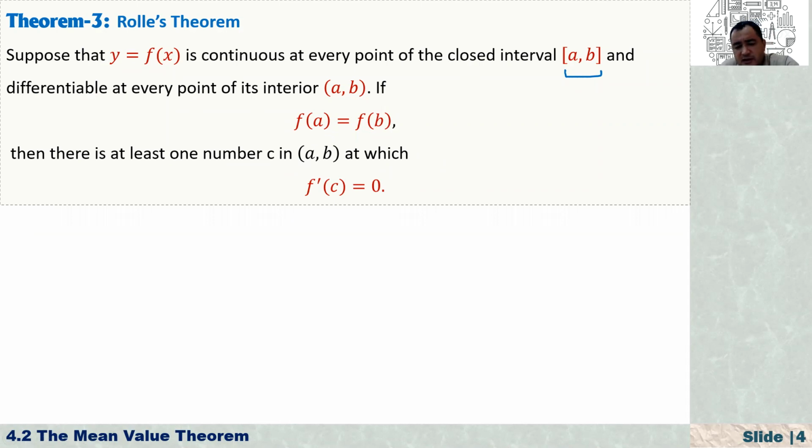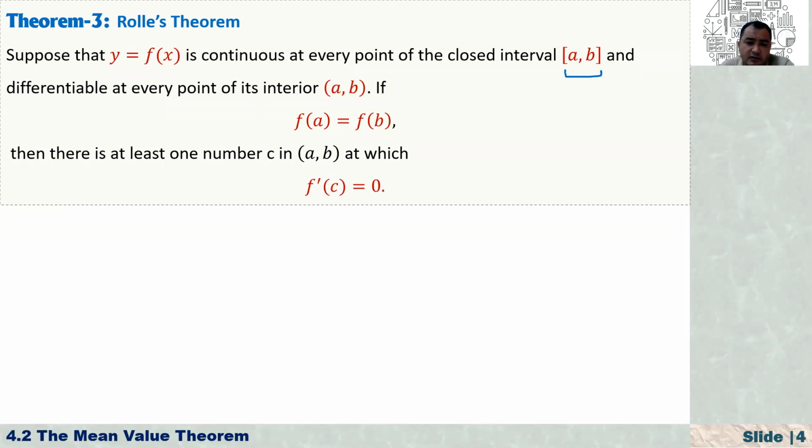Okay, so what's going on here? We are given three facts. Number one, we are given a function which is continuous in a closed interval. Number two, it's differentiable at every interior point.